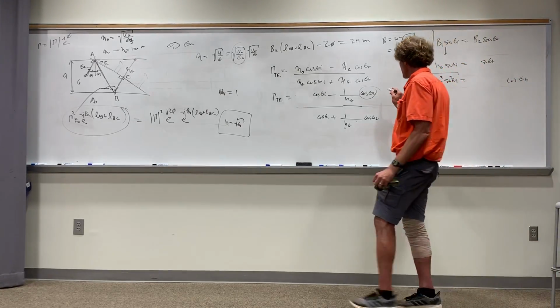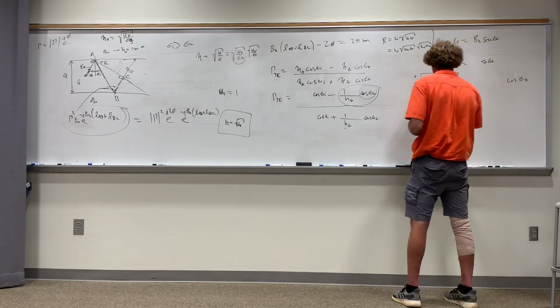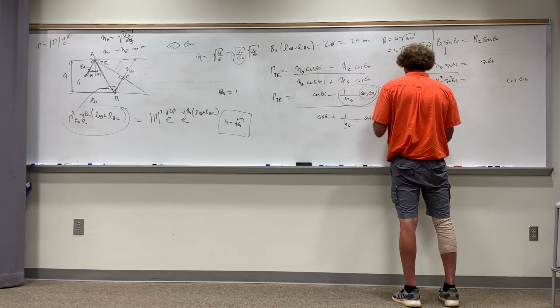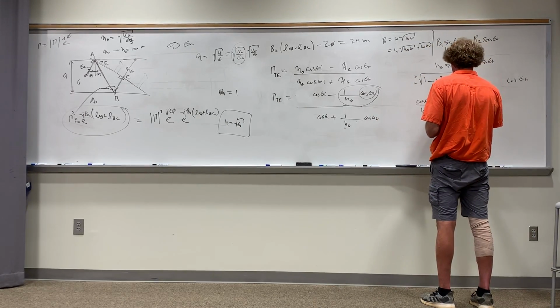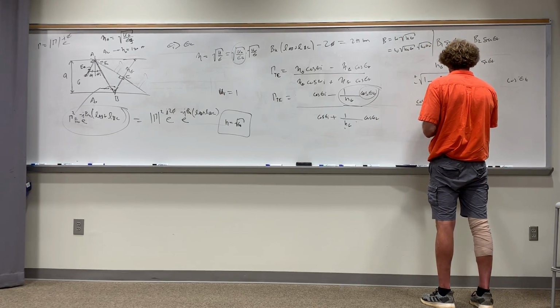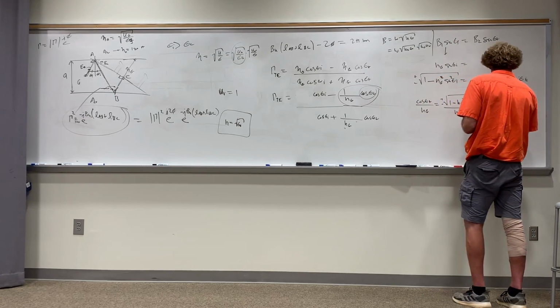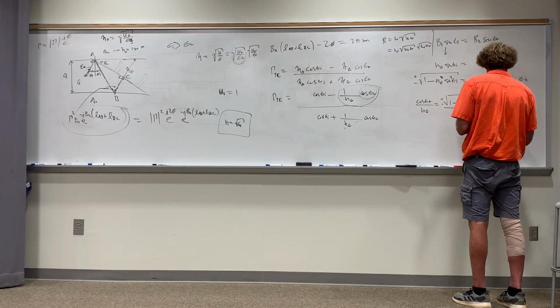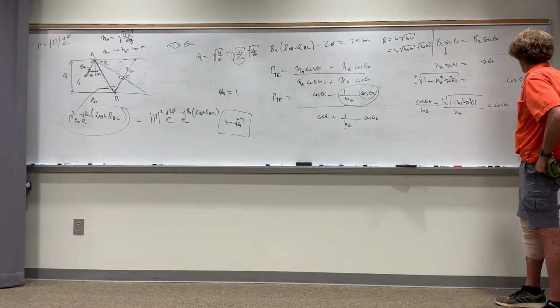If I just look at this term for 1 second, I have cosine theta transmitted divided by n guide is equal to the square root of 1 plus or minus the square root of 1 minus n guide squared times the sine squared of theta incident over n guide equals cosine theta transmit, pardon me. Divided by n guide, pardon me. Do you all see what I'm doing here?